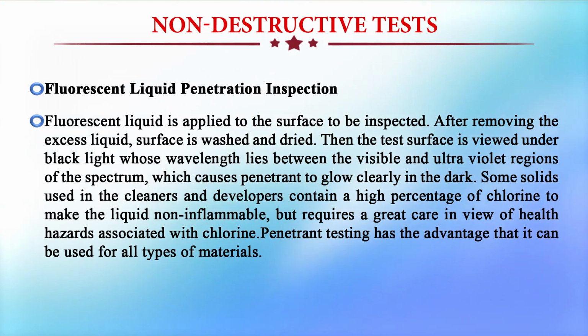Some solvents used in the cleaners and developers contain a high percentage of chlorine to make the liquid non-inflammable, but require great care in view of the health hazards associated with chlorine. Penetrant testing has the advantage that it can be used for all types of materials.